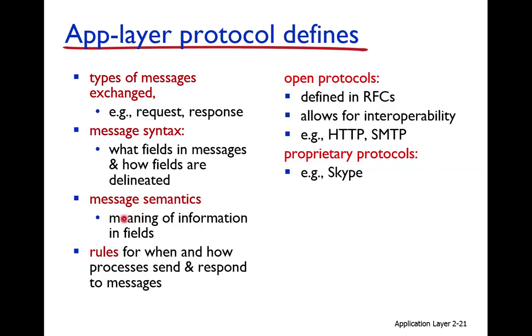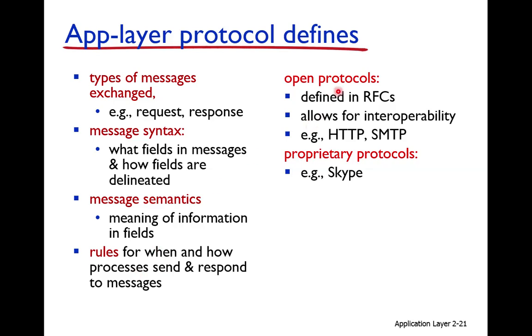You have to follow rules and regulations. A protocol defines what kind of messages you can exchange, what kind of communication you can do with the director, what you cannot do, what your message syntax should be, and what its semantics should be. These are the rules and regulations for when and how processes send and respond to messages to each other.